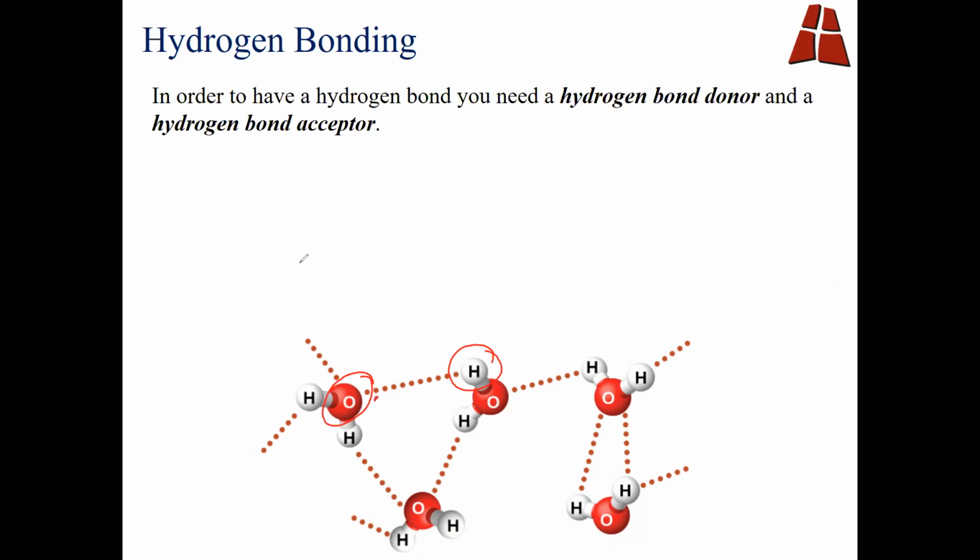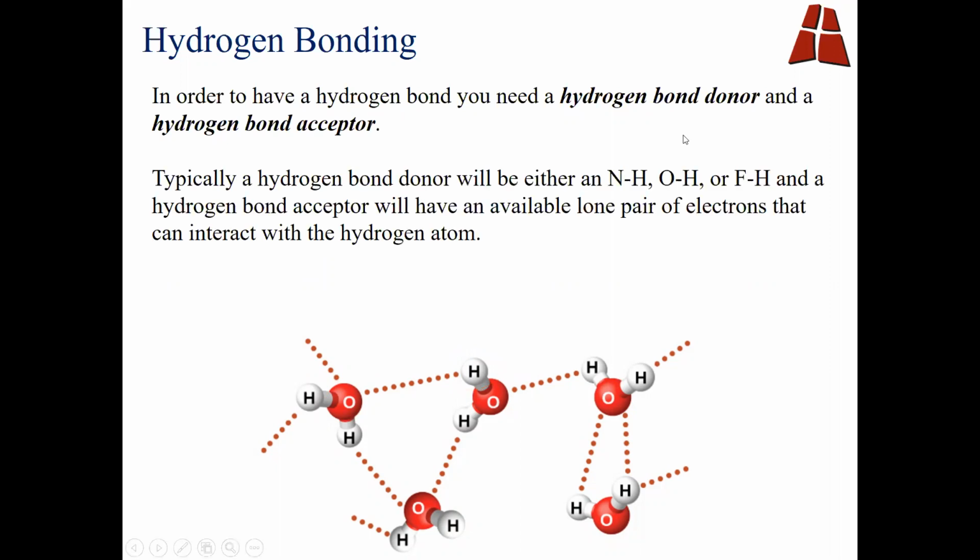Typically what you'd need to see there, and we can draw them in, is a lone pair. Your hydrogen bond acceptor will always need a lone pair. Typically, again, your donor will be either NH, OH, or FH, and then your hydrogen bond acceptor will be something with a lone pair.